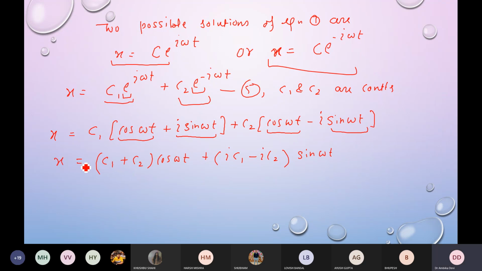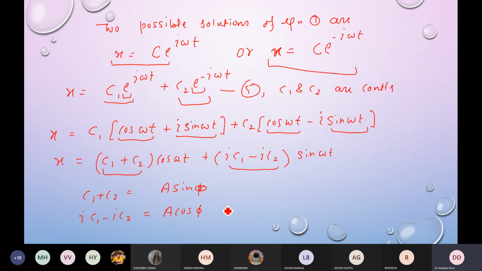Okay, so this is another rearrangement of this equation. Now, because this is a constant value and this is also a constant value, we are going to replace these by some quantity. Let us replace c1 plus c2 with a sin phi, where phi is known as the phase, a constant phase difference between two waves. And iota c1 minus iota c2, we are substituting as a cos phi, right?